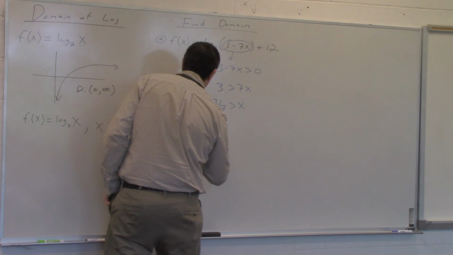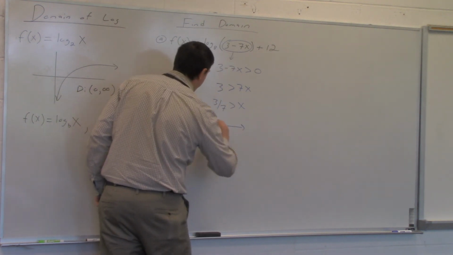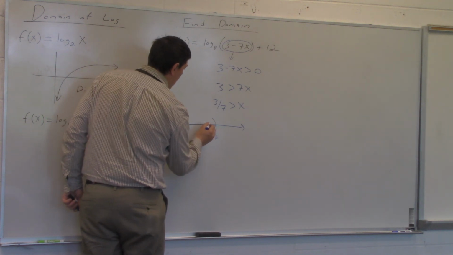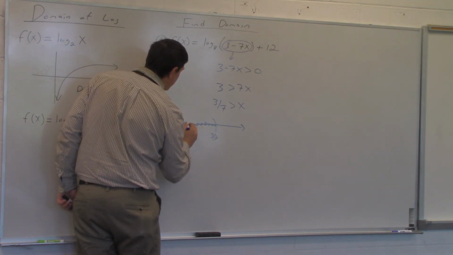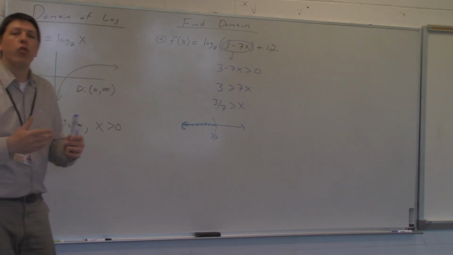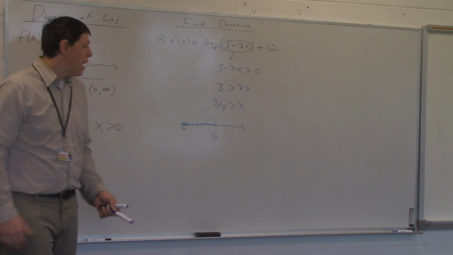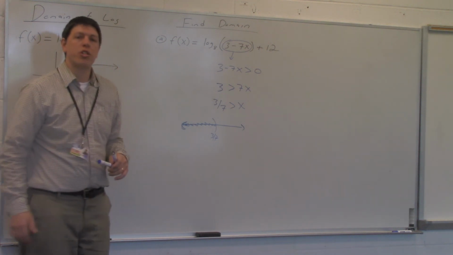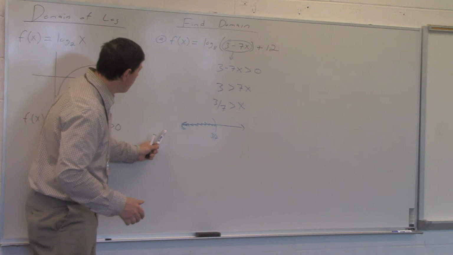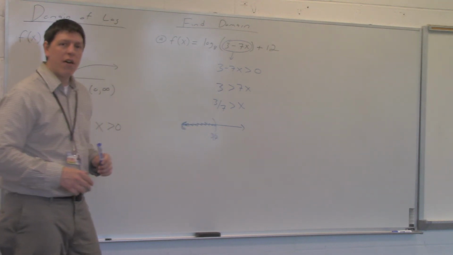If I graph this on the number line, 3/7 is right here, and everything is less than 3/7. If you're one of those people who doesn't really get interval notation too well, it might be helpful to graph it first, and then you can see that the shaded area is from negative infinity to 3/7.